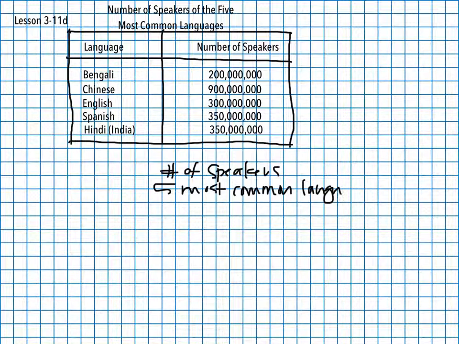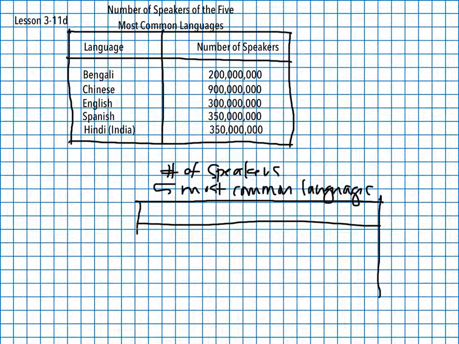I'm just doing this as quickly as I can, just so we can move on and so I can give you your gift, because I'm very excited about your gift today. I'm going to make my little chart here. Then we have language, which I'm going to abbreviate LANG, and then number of speakers.